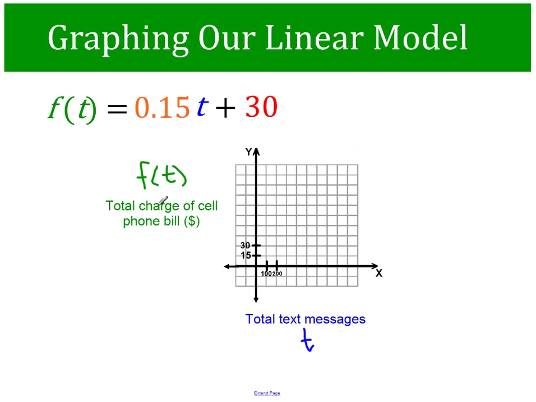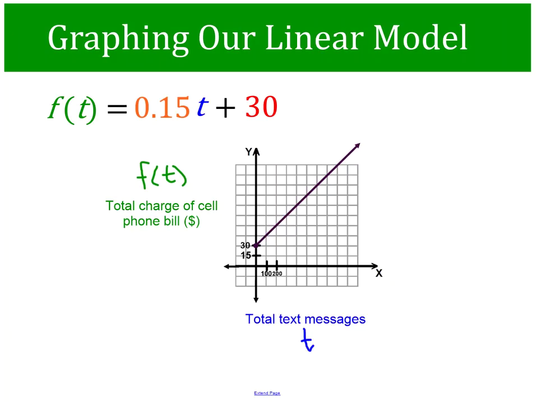My y-axis, I decided to go by 15s. Because that made it easy to show the y-intercept of 30, and also it shows other values of the graph. So y-intercept is 30. This is my graph. There's also a coordinate point here, right?